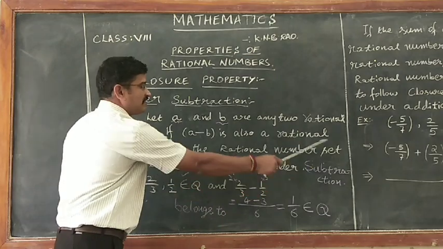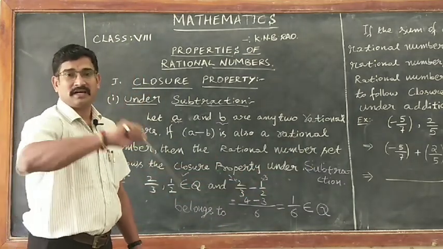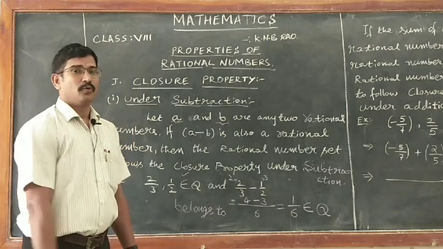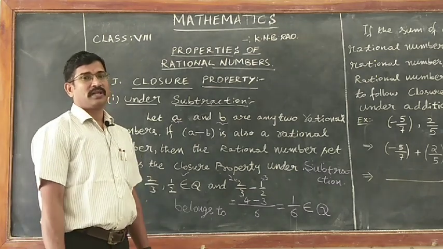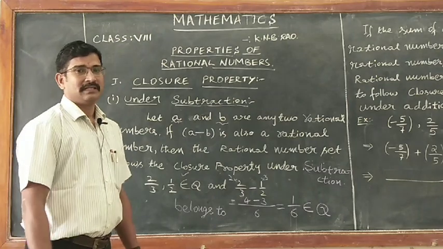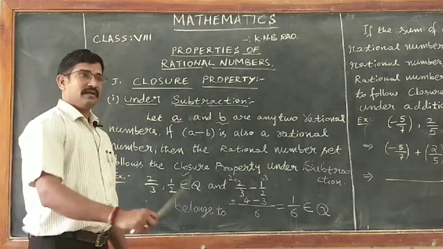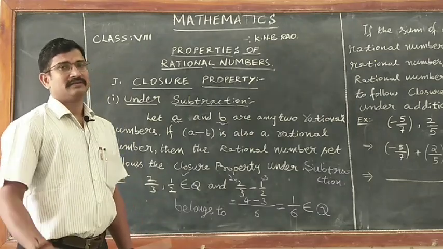This is how we simply change the definition of closure property under addition and bring it to subtraction. Now, I am asking you to take this definition in general, how it would be for addition as well as for subtraction.